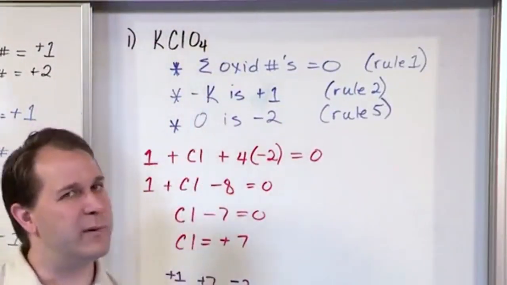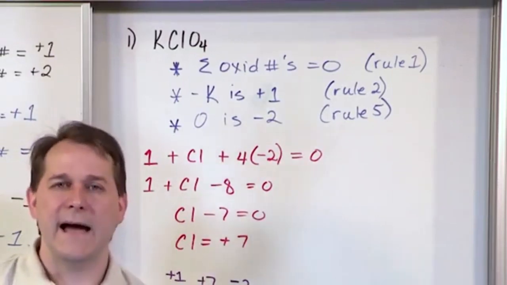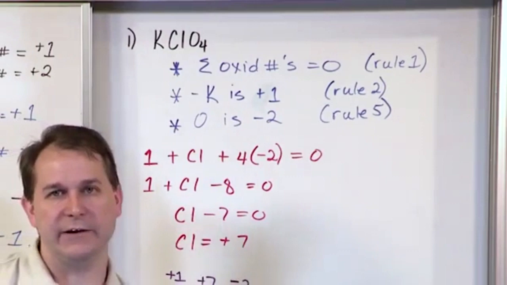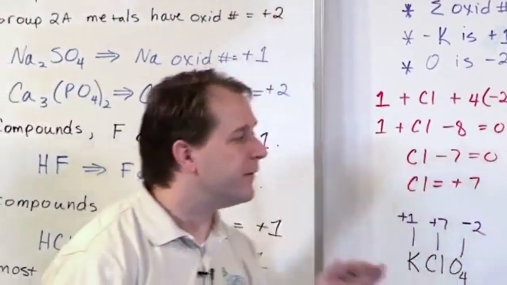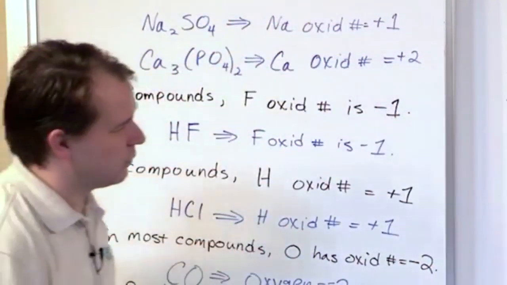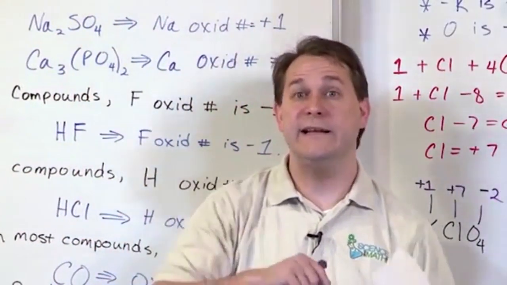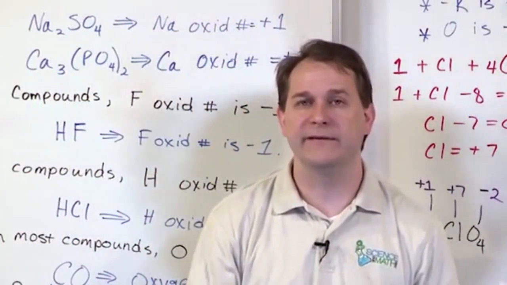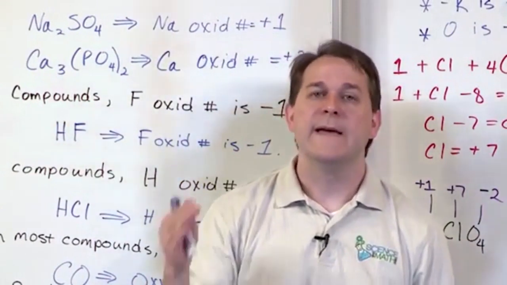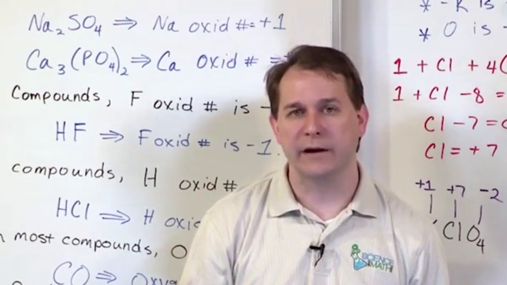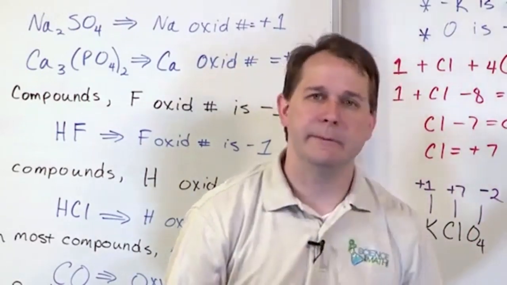But even if it was a two-element compound, it didn't matter, because we had enough information to find the oxidation number of everything in there before we got down to this rule. And that's what I was trying to tell you. If you just look at the elements and try to give oxidation numbers based on just looking at the periodic table, and you don't follow the priority pecking order, you're going to get the wrong answer a lot of times, because this is just a bookkeeping method.